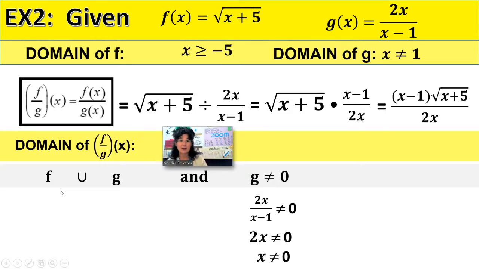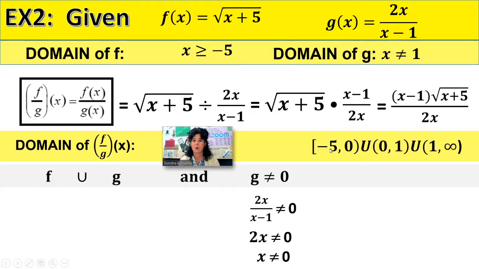Let's put the three of these pieces together, and we're going to use the domain numbers for f, so -5 and larger, but we can't use 1, and now we also cannot use 0. So combining all that together, we're going to use -5 up to 0 and leave 0 out.